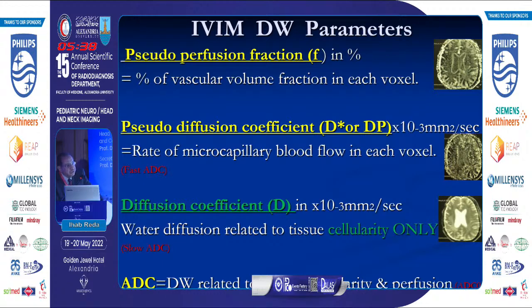If we want the diffusion of the cellular portion only, we call it diffusion coefficient, and this is called slow ADC. If we want the ADC for the perfusion part only, we call it pseudo-diffusion coefficient, or D star, or fast ADC. And lastly, we have the perfusion fraction. What is the perfusion fraction? It is just the percentage of volume of the blood inside the voxel.